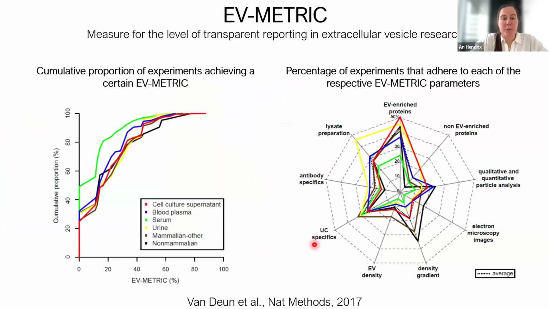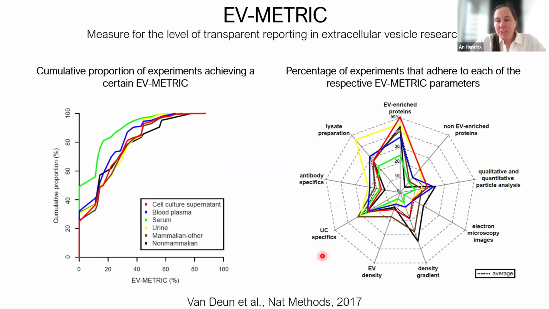And what we then actually observed by evaluating this EV metric, a metric consisting of these 9 components, was, for example, that the majority of studies, or at least a significant amount of studies, received an EV metric of 0%, meaning that they did not report on any of these 9 components, although they are reporting results on extracellular vesicles. And actually, none of the studies back then was able to reach an EV metric of 100%.